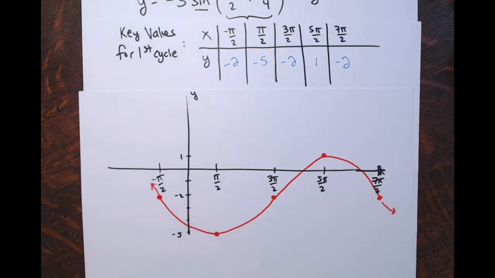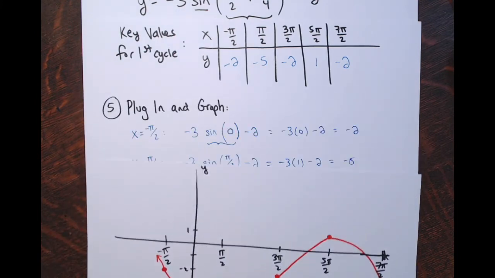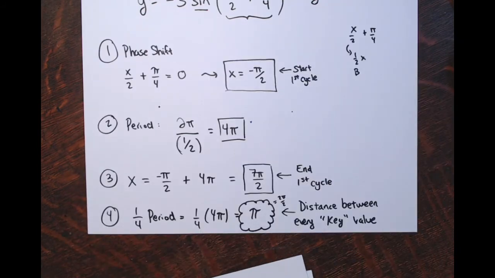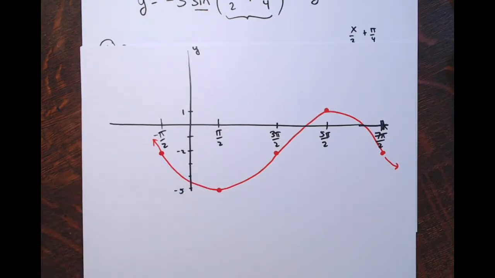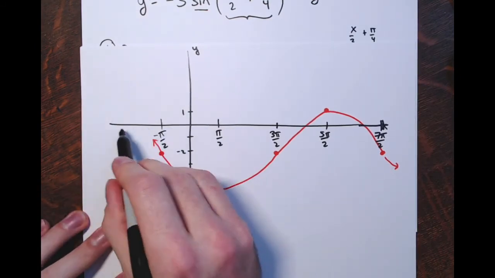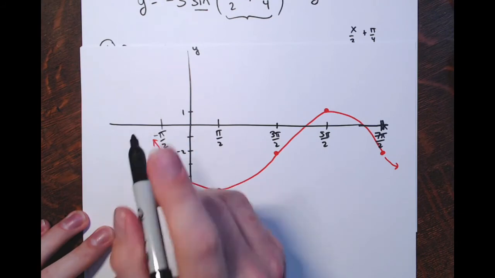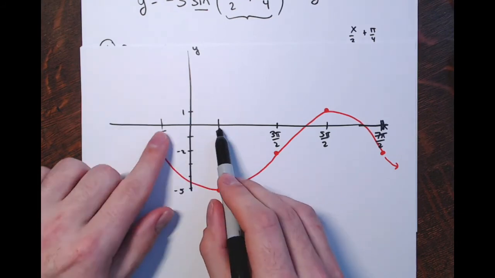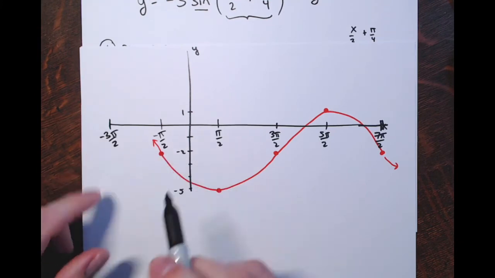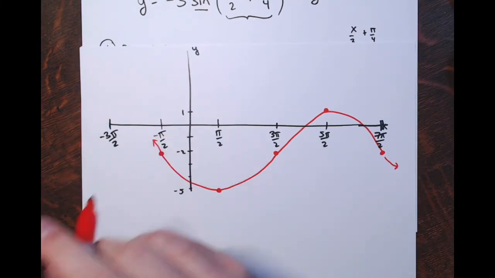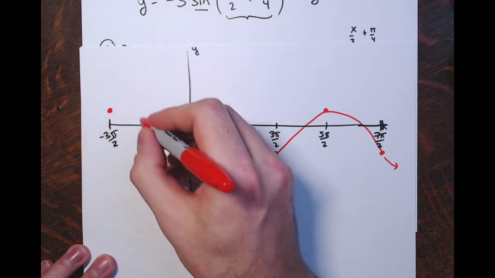And if you wanted more key values, you just keep adding or subtracting that quarter of the period. Keep adding and subtracting pi. So if I wanted the next key value to the left, just keep subtracting pi, that quarter of the period. If I subtract pi, I'm going to take this distance over here, and say it's there, that'd be negative 3 pi over 2. And if I followed the wave, the output over here would be 1.